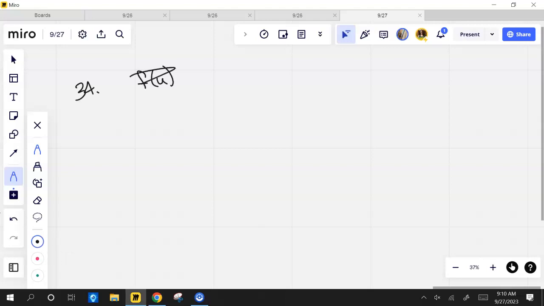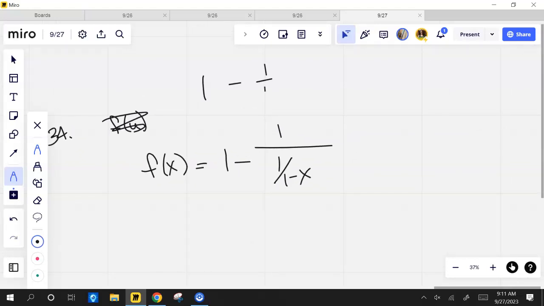F of u, and instead of that, I'm just going to make it f of x and plug that in. So I got 1 over 1 minus x, because it's 1 minus 1 over u, and it says u is 1 over 1 minus x. Y'all with me there?